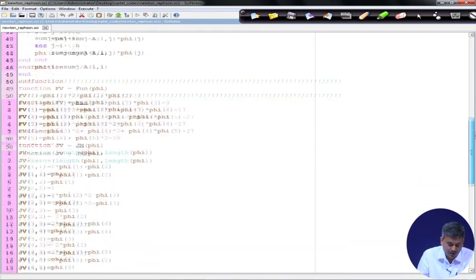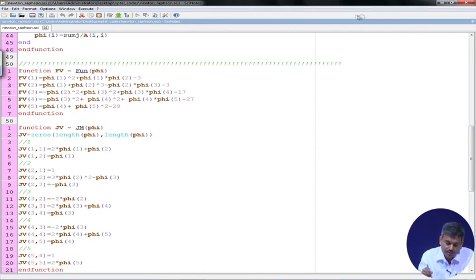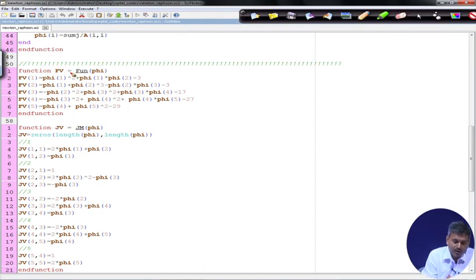For the Newton-Raphson method you need the function value. So, for the function value I have included one function which is FV. FV is the function which will give me the function value. So, if you give input phi, this will give me the function value, and this is end function.